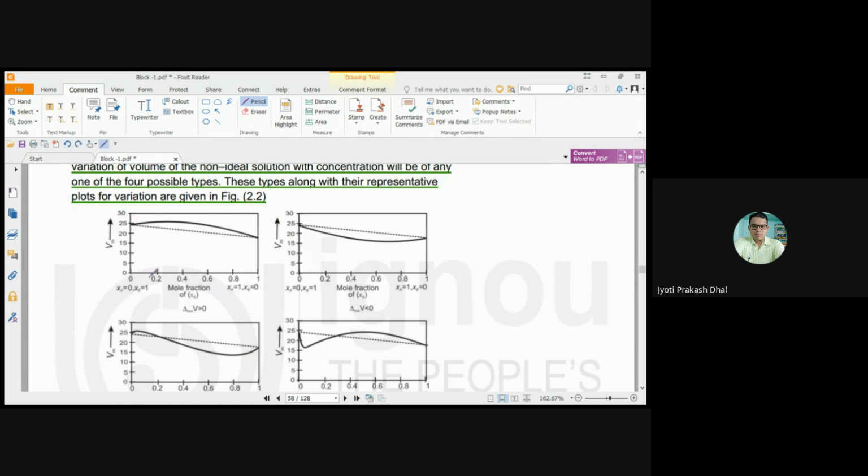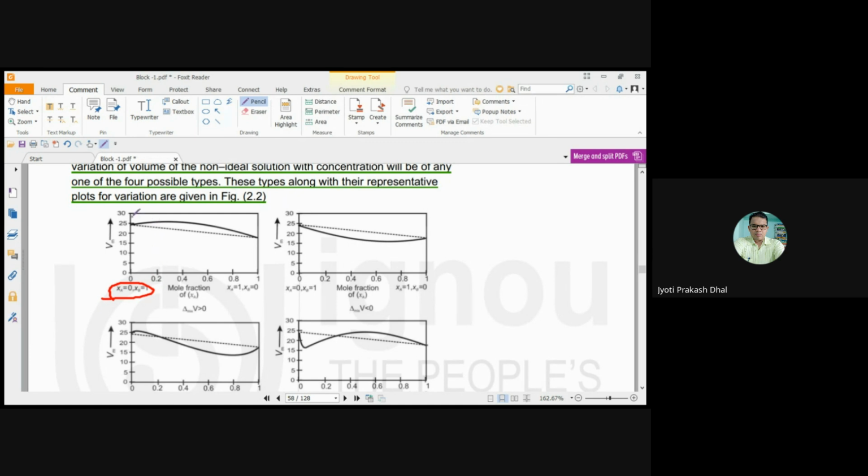Here, the dotted line represents the molar volume of the component. The left-hand y-axis of this graph represents only B, and the right-hand y-axis represents only A. If you move from left to right, the mole fraction of A increases. At the extreme left-hand side, the mole fraction of A is 0 and the mole fraction of B is 1.